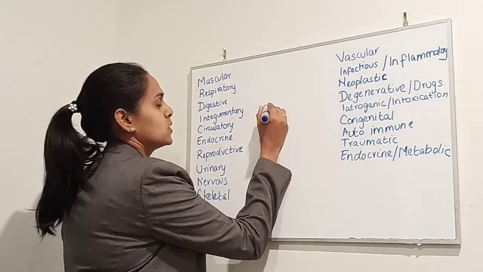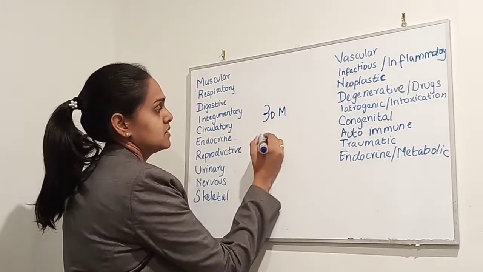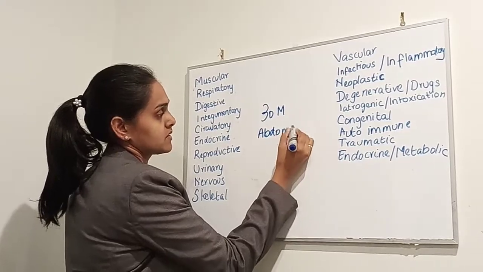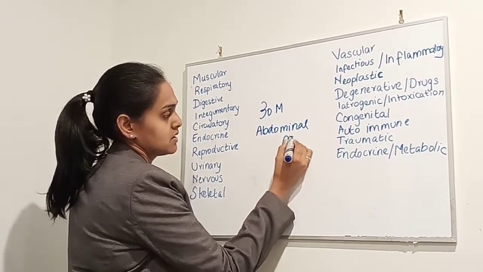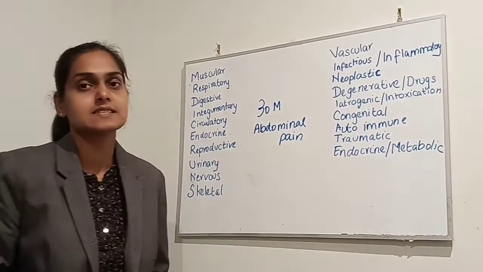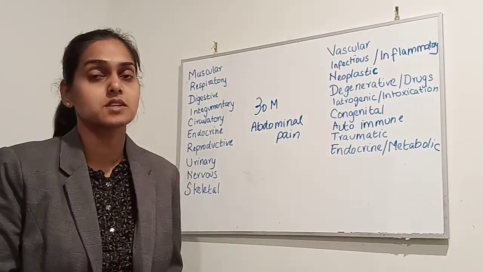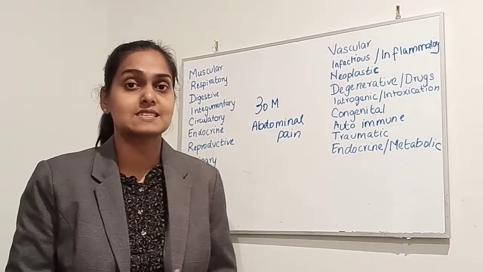Consider a 30-year-old male presenting with abdominal pain. Now, while generating hypothesis list, it's very important to consider the background information of the patient and the other associated signs and symptoms.